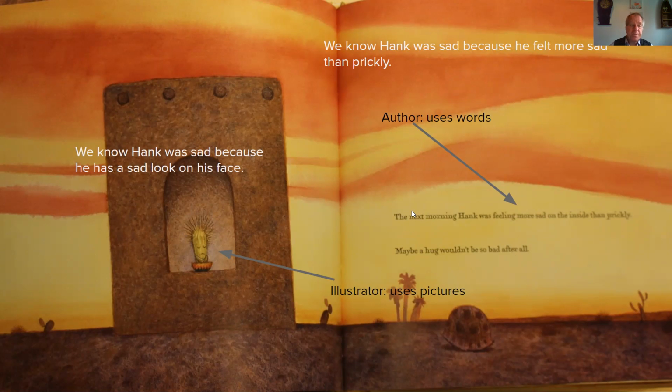It's probably easy to look at this page and see that Hank is sad. But what we're trying to do is to look at the page and pull evidence from the words and from the pictures to prove why Hank is sad.